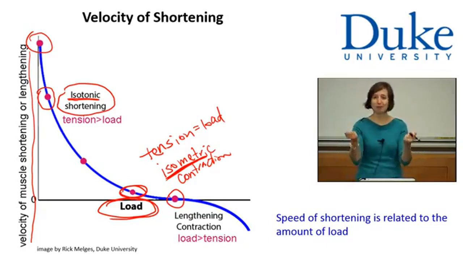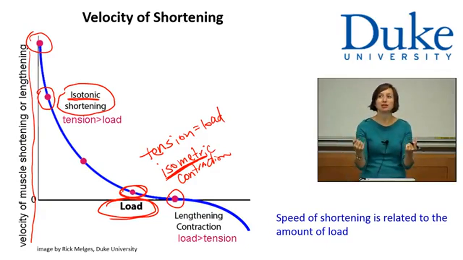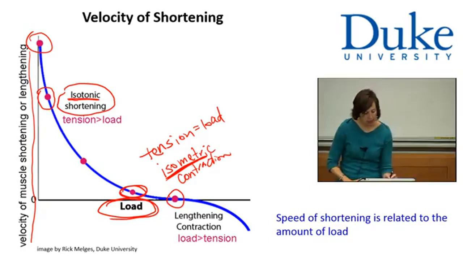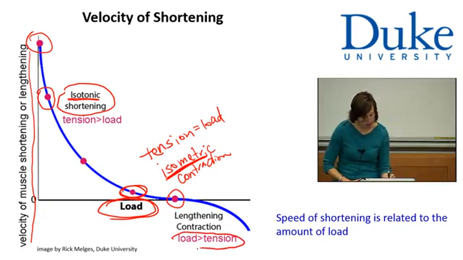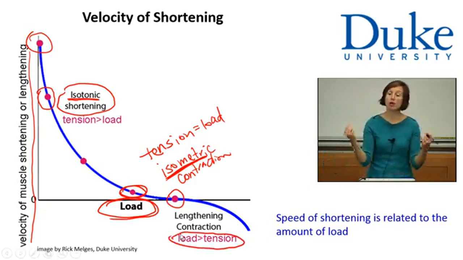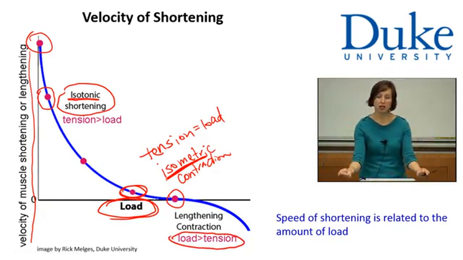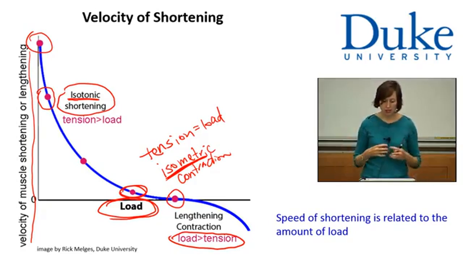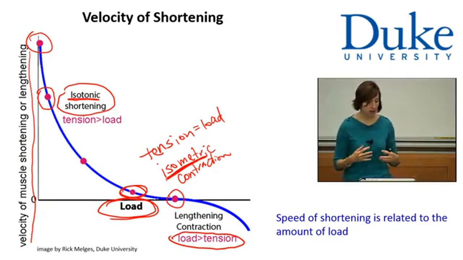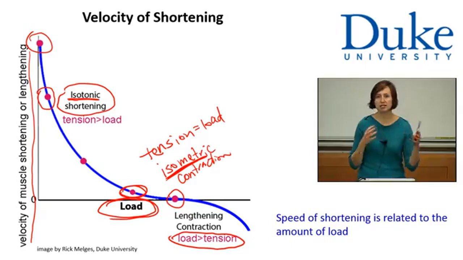If you add even more weight, that's when your arms are just going to start to fall, because now the load is greater than the tension that you can form. And so what you're going to have is a lengthening contraction where you're still contracting your muscles, but they're getting longer.